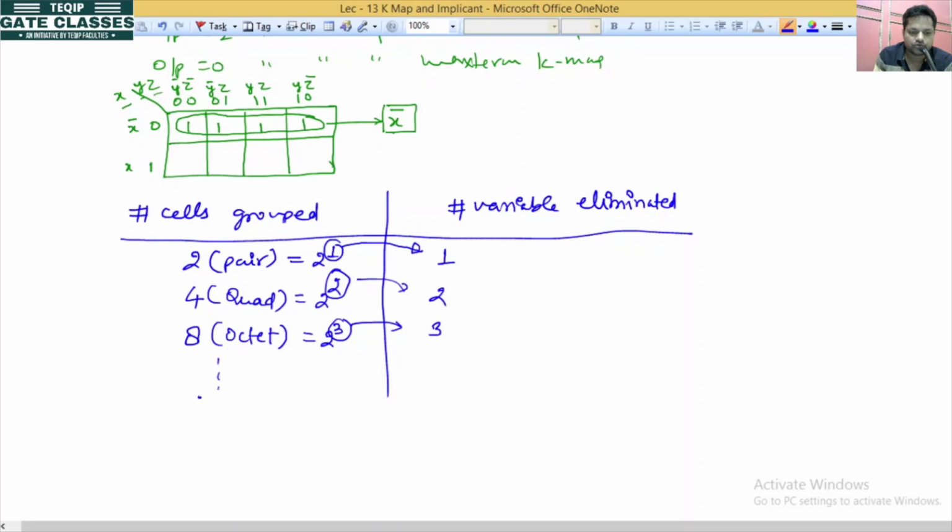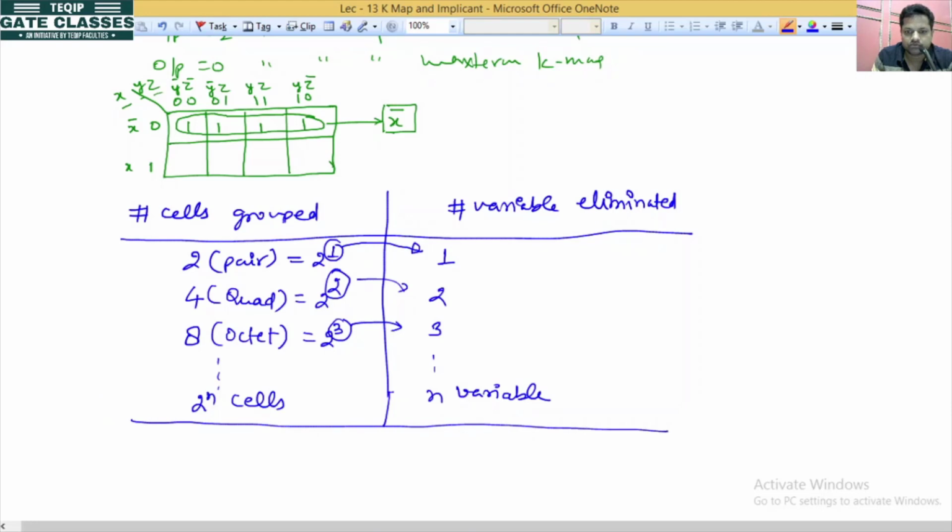So if you group 2 to the power n cells, then the number of variables eliminated is n. For that particular grouping, not for the whole K-map. So this will tell us, for a number of cells grouped, how many variables are going to be eliminated.